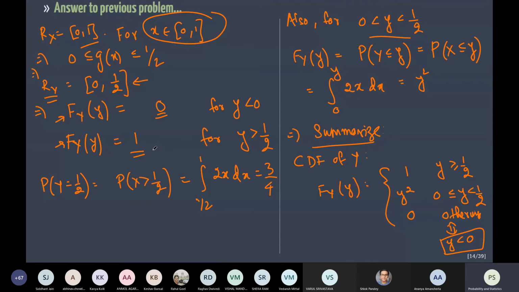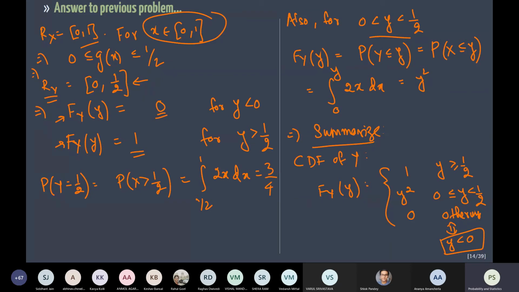For the boundary cases we found out, and within the range, I have singled out y equals half, because at y equals half, like this is an intuition here. I would say, why did I do y equals half already?